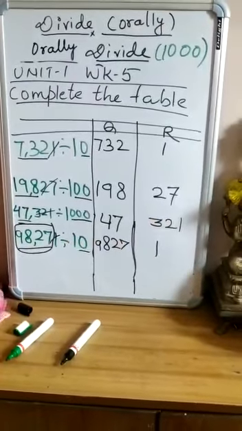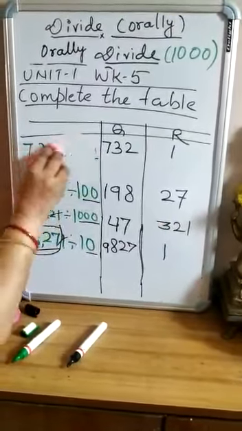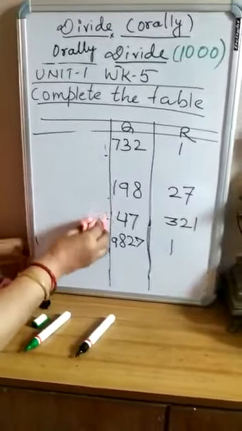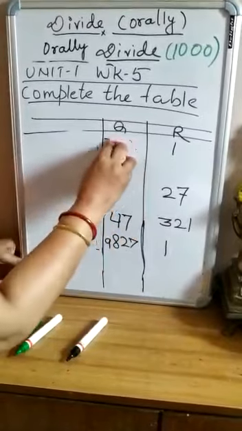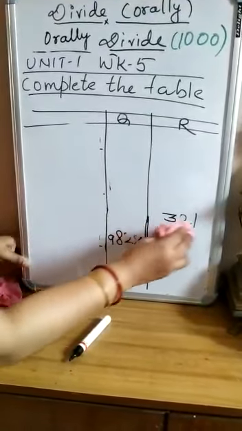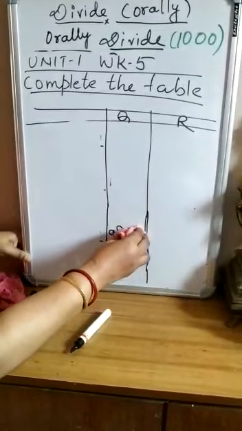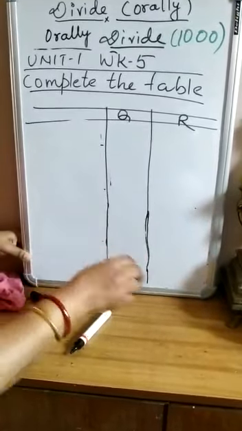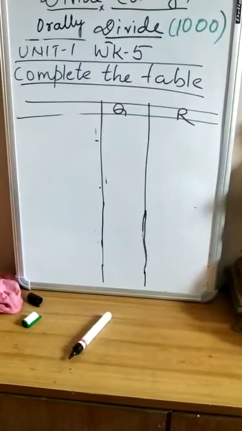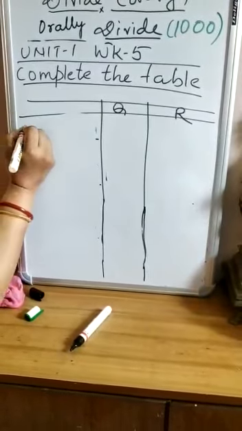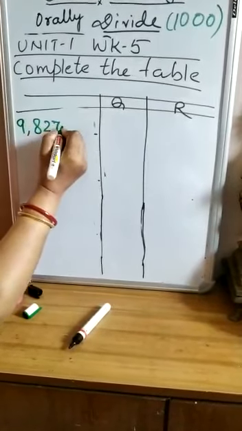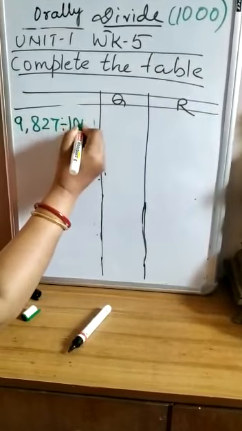Okay. Now let us take another example. 9,827 divided by 1,000.